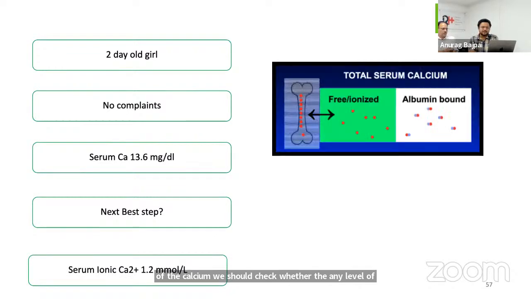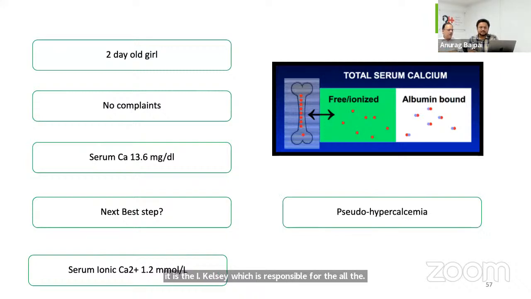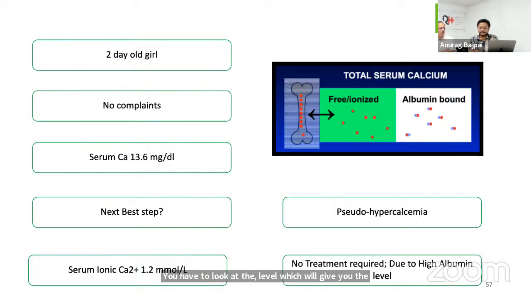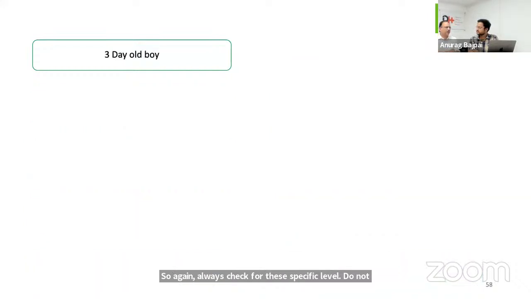As already described, it is the ionic calcium which is responsible for all the action of calcium. You have to look at the albumin level, which will give you the diagnosis. So this was a pseudohypercalcemia. Always check the specific level and do not worry about the total level. All of you are requested to put your answers in the Q&A box.